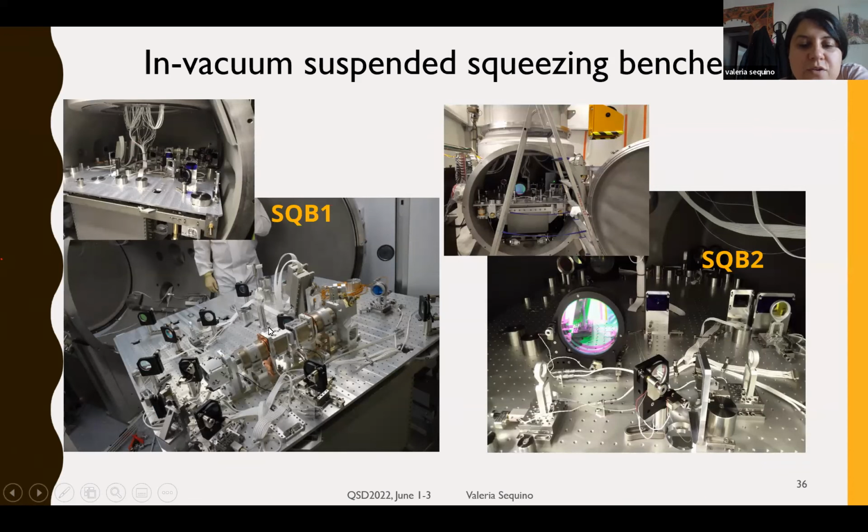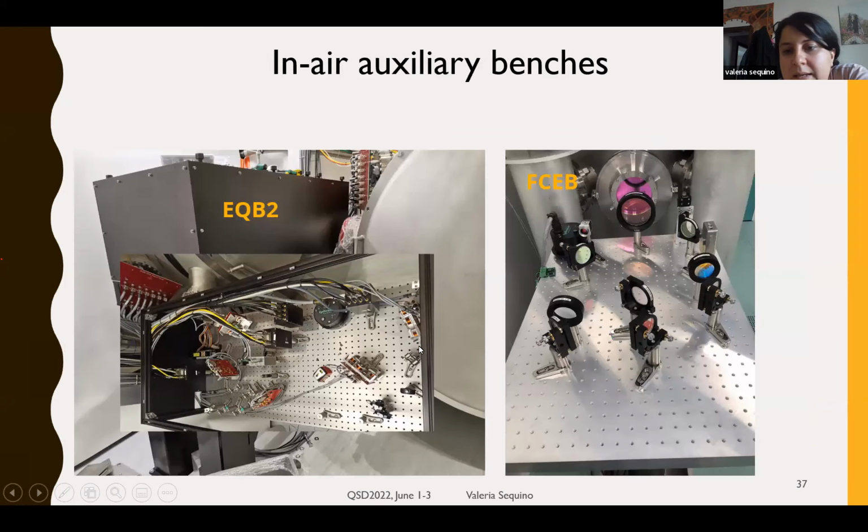This bench is fluctuating, and we have to control it with a sophisticated control system. This is the double stage Faraday isolator. This is the second auxiliary bench that also is suspended and in vacuum. These are auxiliary benches. These are in air and are not suspended.